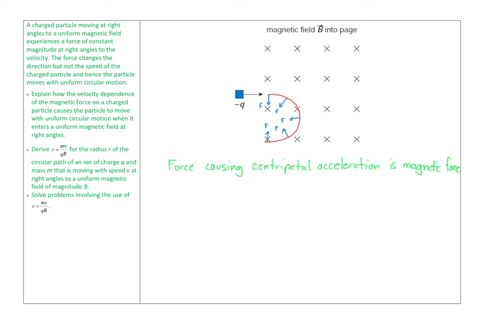F equals m times a, and a is equal to v squared on r for circular motion, so that we get F equals mv squared on r. And we combine those two, and we know here F is equal to qvb.